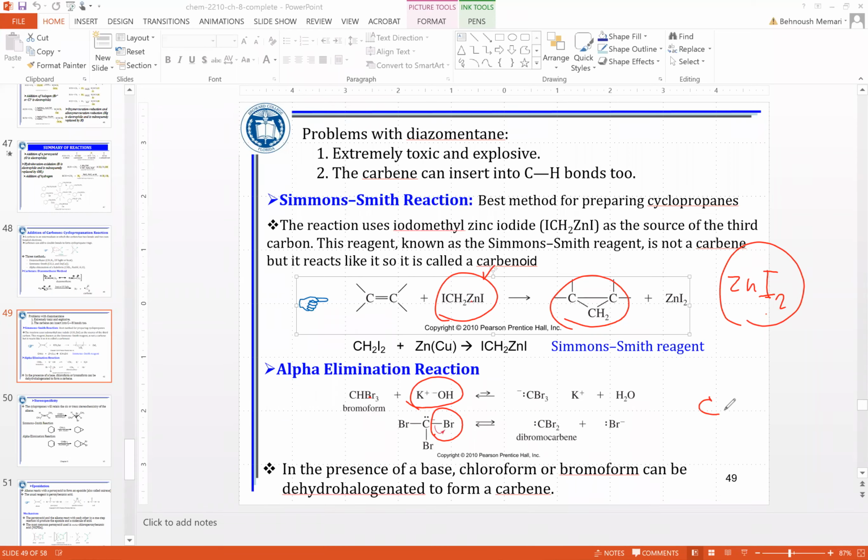Dibromocarbene, when the triangle or the cyclopropane forms here, is going to have two bromine attached to it. So it's going to be a dibromocyclopropane that is going to form. So that's for the alpha elimination. Again, just know the reagents. The mechanism for addition of the carbene is not a concern.